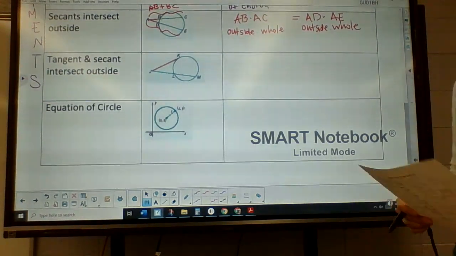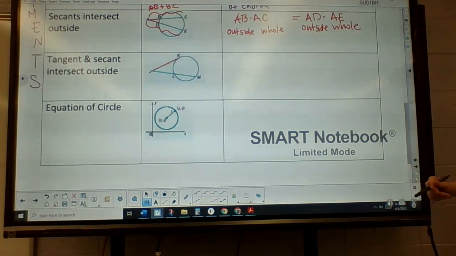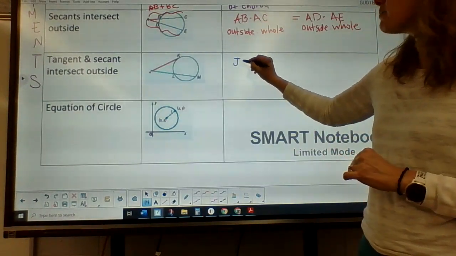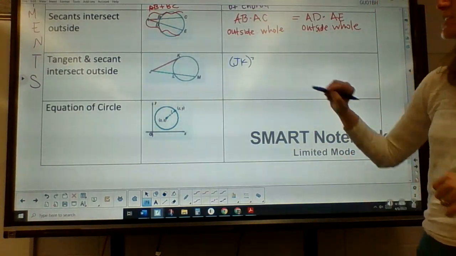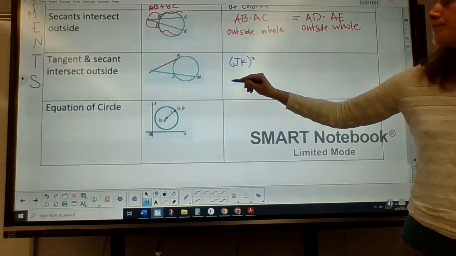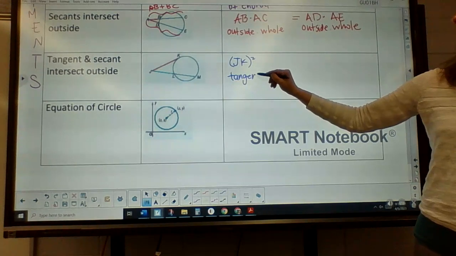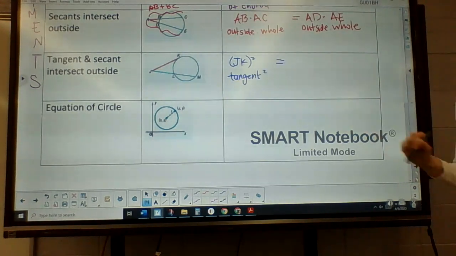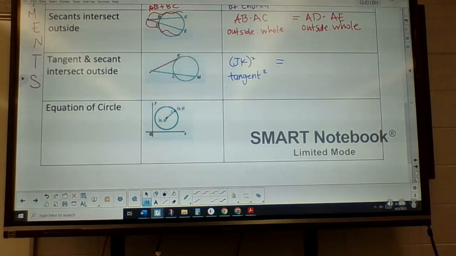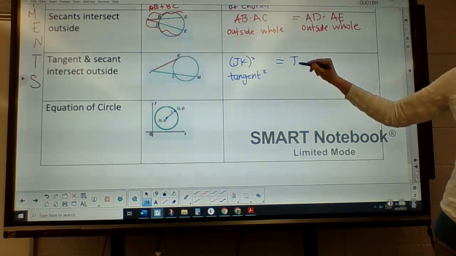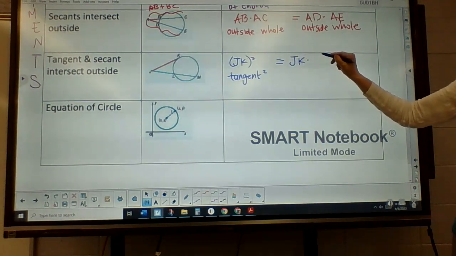Our next one is the tangent, and since the tangent doesn't have two parts, it's on its own, we said we just multiply it by itself. So JK gets multiplied by itself, which just means it gets squared. And then again with the secant, it's the outside part, so JL times the whole thing.